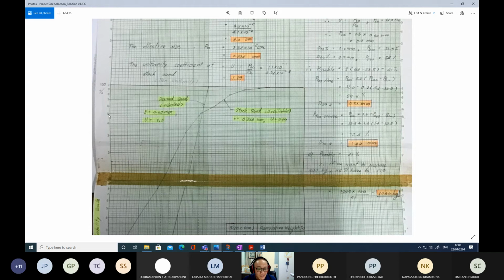Why is it 54? So this one is the 50, as 54 it must be somewhere here. So you can find out that P usable is equal to 2 times 50 minus 35.5. So it's only 48%.